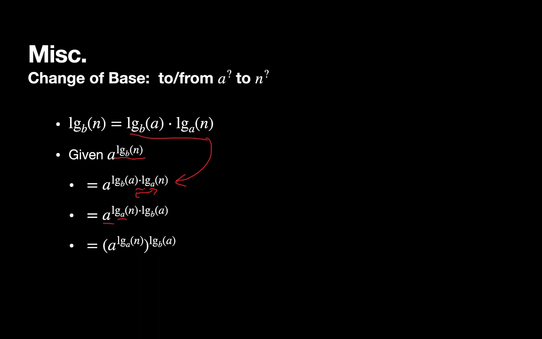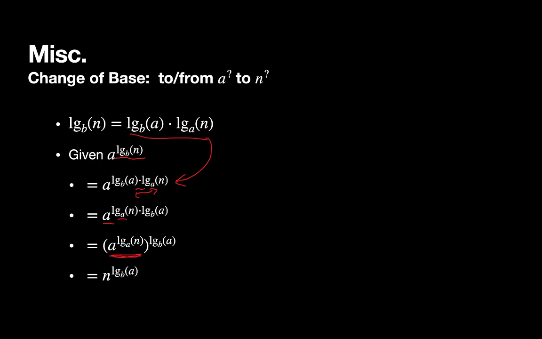And now we've got a to the power of log base a of n, all of that to the power of log base b of a. Okay, so the expression in the parentheses there will basically cancel out. The log base a of n is a way of representing a, if we take a to the resulting exponent. So that entire expression basically gets replaced with n. So we end up with n to the power of log base b of a.